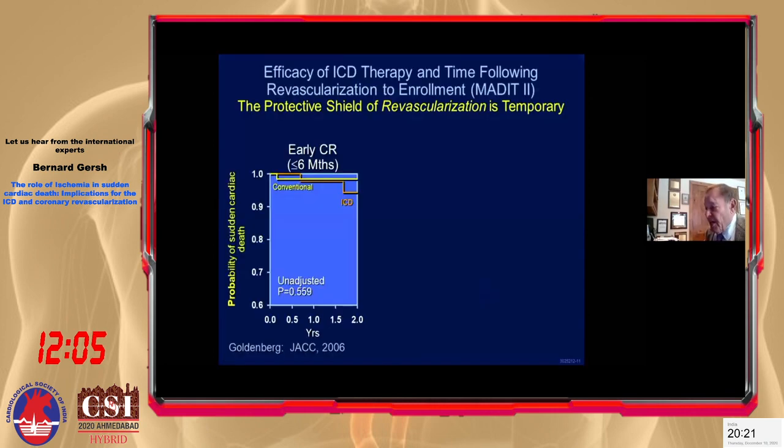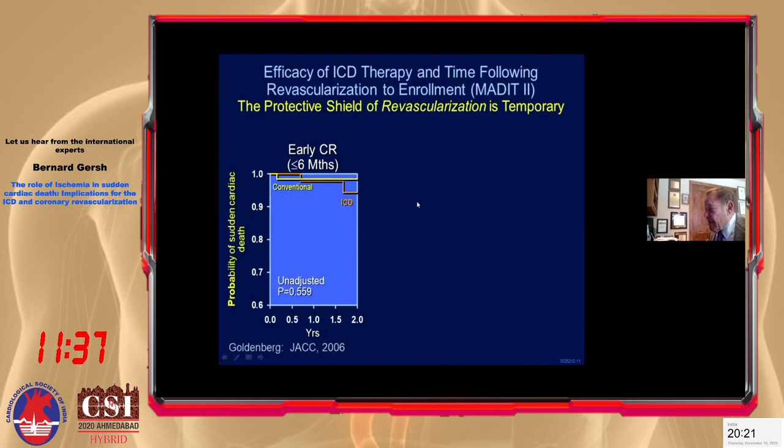This study is an interesting one from Goldberg, and he looked at patients enrolled in the MADIT-II trial who had ICDs versus conventional therapy. If they had early coronary revascularization within 6 months of enrollment, you could see that at 2 years there was no difference between ICD and conventional.